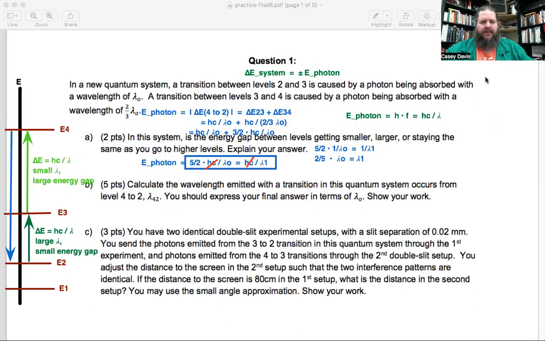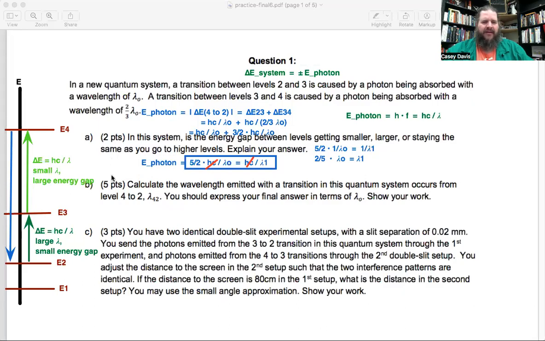And then what are we dealing with in part C? We've got a couple of double slit experiments, and it looks like part C is not actually using the quantum stuff at all. Part C is a completely different problem. It's just using lambda naught and 2/3 lambda naught as the wavelengths we're talking about.